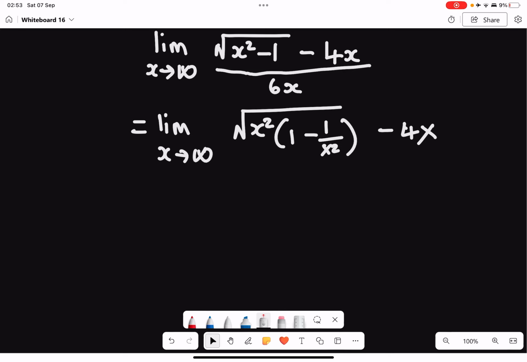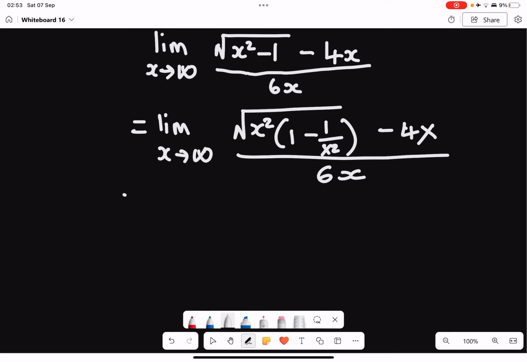Let's see, ladies and gentlemen. So here we have this times that will give us that guy there, and this multiplied by that will give us that guy there. So we have factorized properly. Then this is all over 6x.